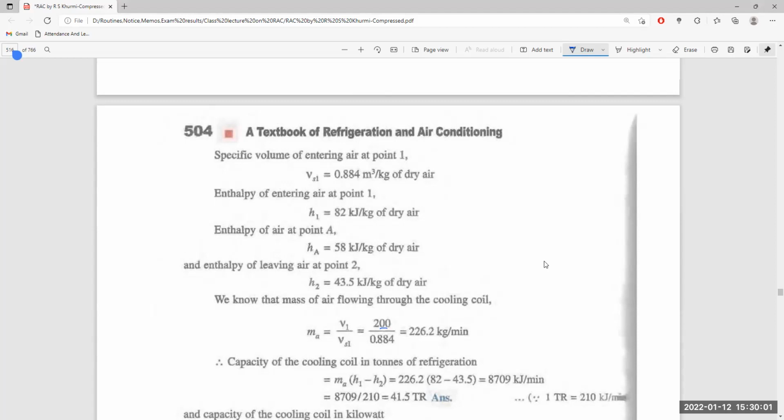The capacity of the cooling coil in terms of refrigeration is the mass of the air coming in multiplied by the enthalpy of the incoming air minus the enthalpy of the outgoing air. So 226.2 times H1, which is given here as 82 kilojoule per kg, minus H2, given as 43.5, gives 8709 kilojoule per minute, divided by 210, is 41.5 ton.